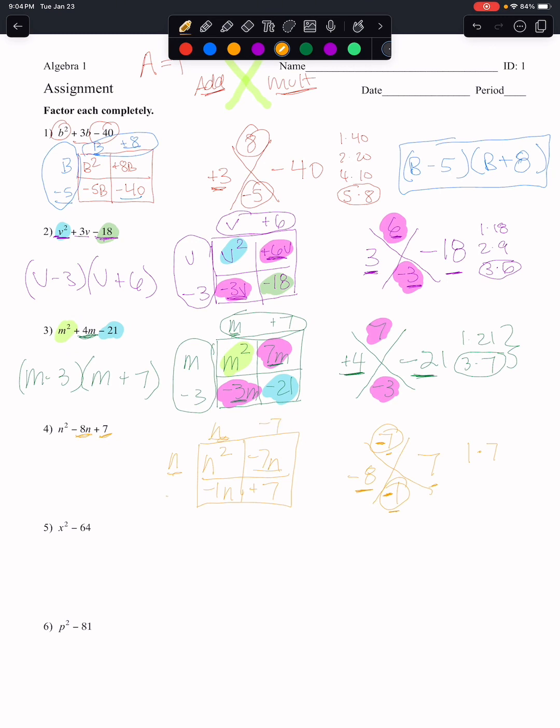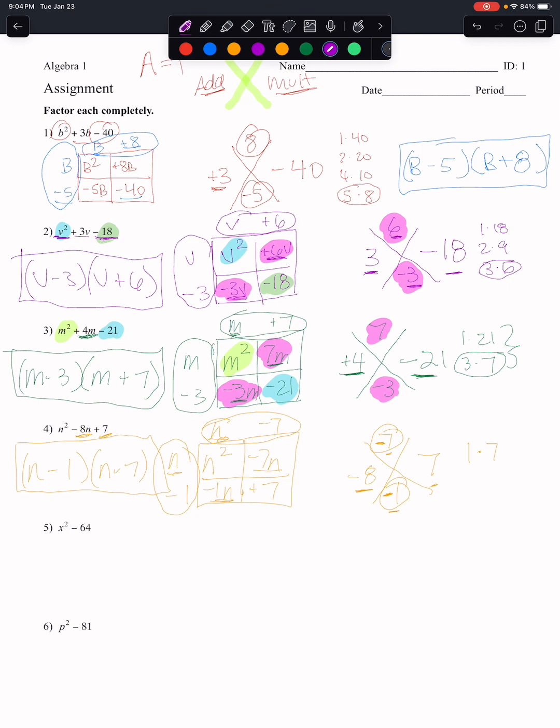This n times negative 1 makes this negative 1n. So I got my factors right here: n minus 1 and then n minus 7. And that is my answer. So here's my answer to this one. Green, this one. Purple, that one.